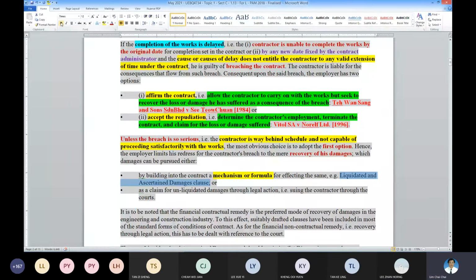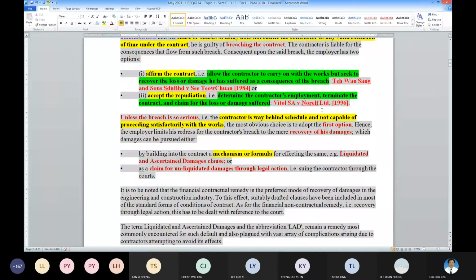Or alternatively, you claim for unliquidated damages using court action. So this one is a very messy one. Okay, go through the court action. So to me, try to avoid this category. So usually the first one will be invoked for a not so serious problem. If it's a serious problem, then repudiation or termination of the contract will be invoked already.